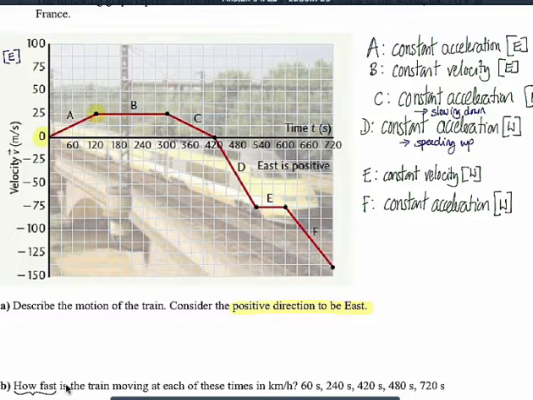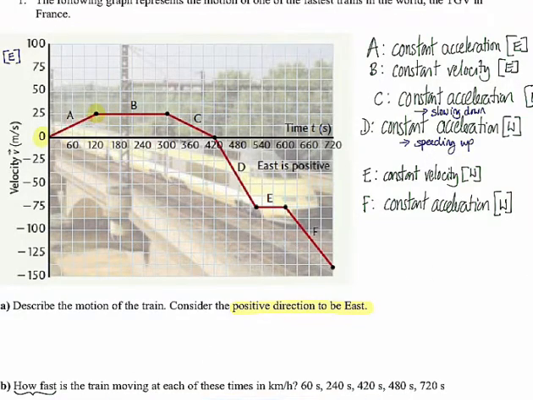Here we're referring to the velocity, and this is a velocity time graph. So all we have to do to find the velocity from a velocity time graph is just read it off the graph.